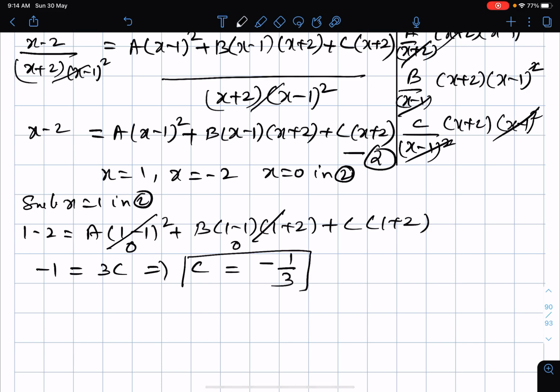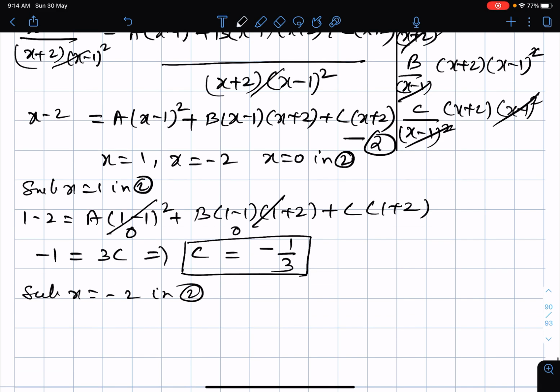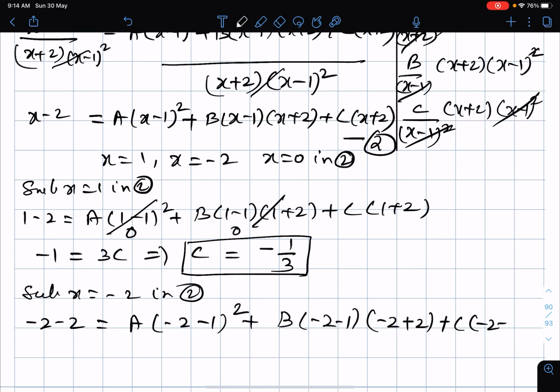Second factor, substitute x equal to minus 2 into the second equation. You will get minus 2 equals a into (minus 2 minus 1) the whole square plus b into (minus 2 minus 1) into (minus 2 plus 2) plus c into (minus 2 plus 2).